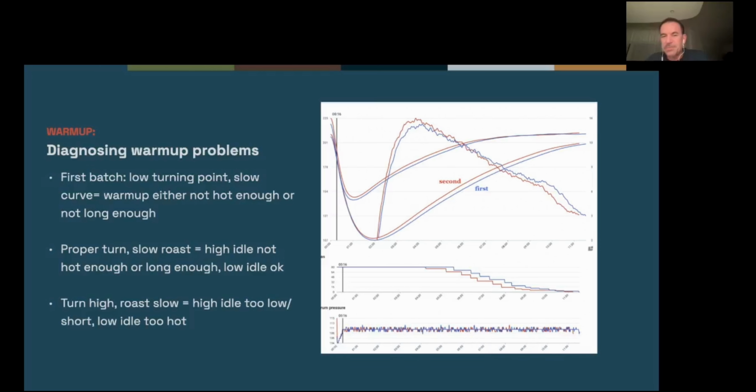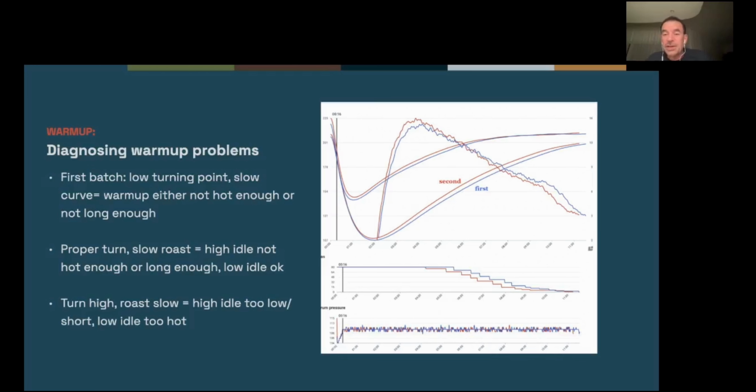And if the first batch is about right, but the turning point is too low or too high, if it's too low, then increase the low idle a little bit hotter. And if it's too high, then decrease the low idle. So if you think of the high idle as controlling the total roast time, and think of the low idle as controlling the turning point, then you have two levers that you can adjust to get your warm-up right on target.